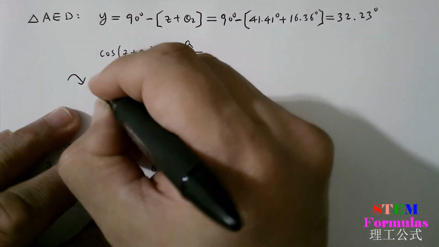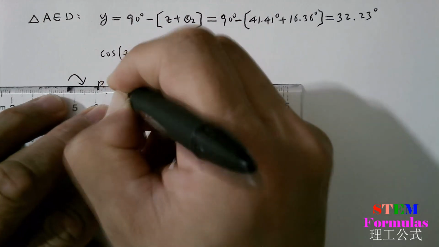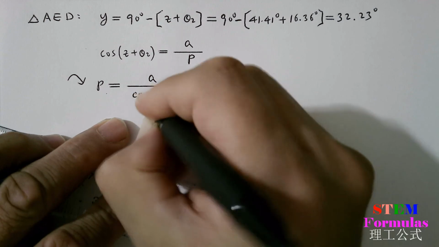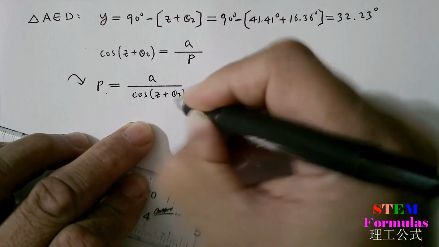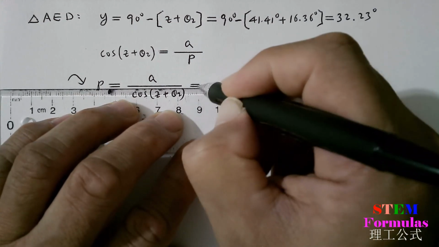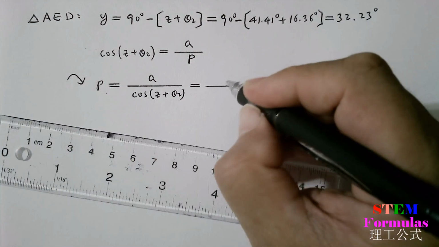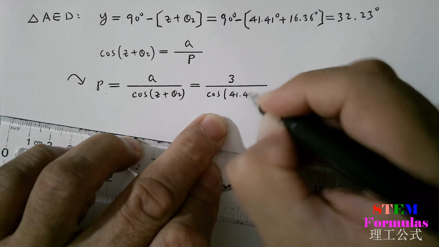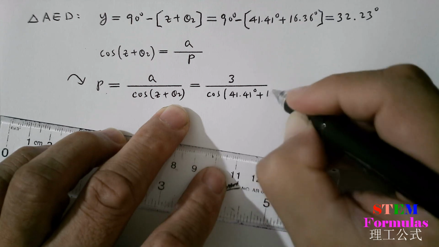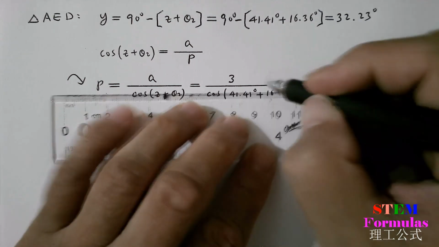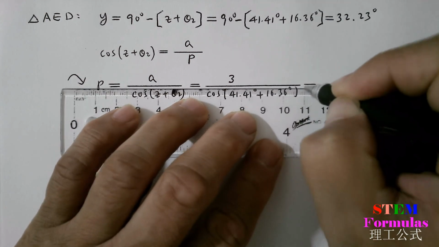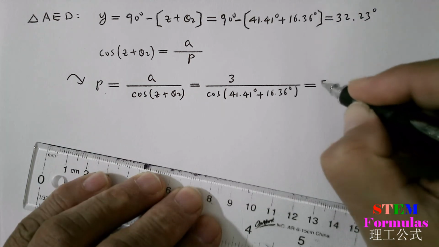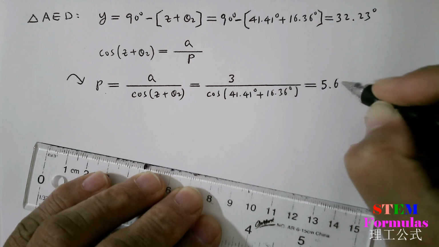Therefore, p equals a divided by cosine of (z plus θ2). With a equal to 3, z equal to 41.41 degrees plus θ2 equal to 16.36 degrees, this value p equals 5.625.